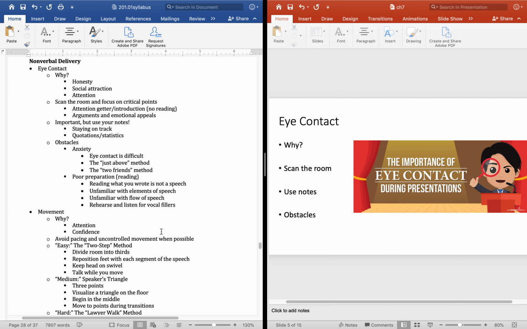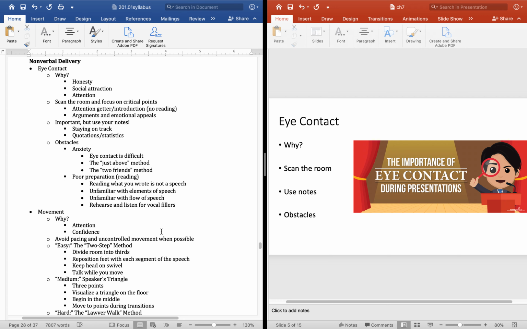Try to read that as little as possible, especially the attention getter. If you can focus on the attention getter and not reading that part, you're going to be off to a good start. When you're off to a good start, you often stay on that good path. So, try to make eye contact, memorize if necessary the attention getter as much as you can. Not the whole speech, just that part.